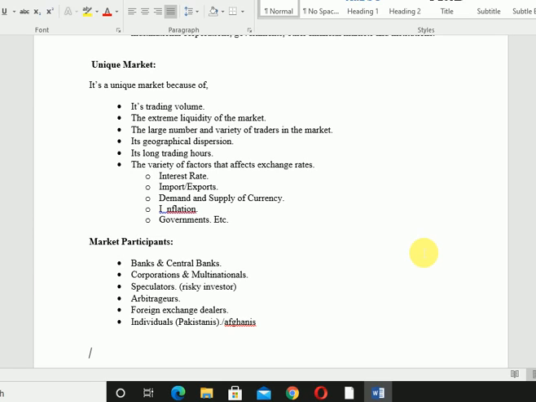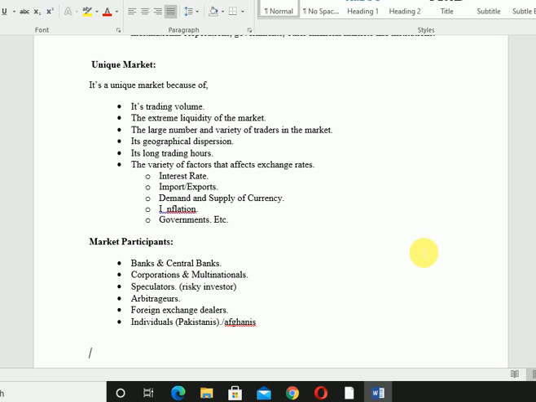So the operation of the foreign exchange market continues 24 hours. Like, here it is now day, so it is night in the United States. Over there the forex market activities are closed, but here they start. Similarly, this is a continuous process because this market consists of countries all over the world. That's why its trading hours are very long.